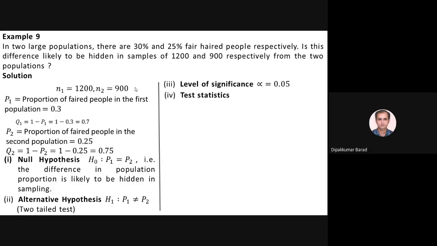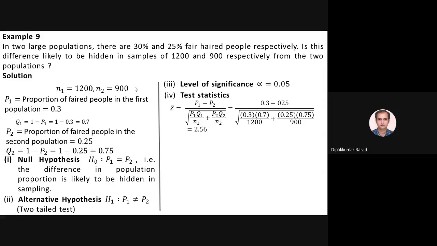Now the statistic. In this example, instead of small p1 and small p2, we have been given capital P1 and capital P2, because from the large populations they have said that 30% and 25% are fair hired people. In the previous example we were given small p1 and small p2.